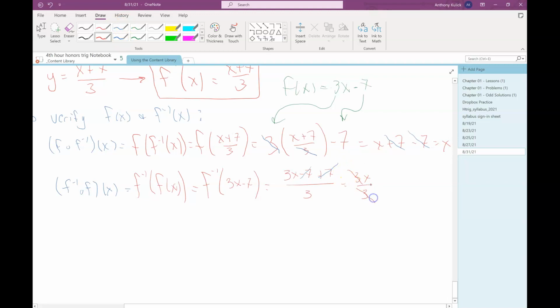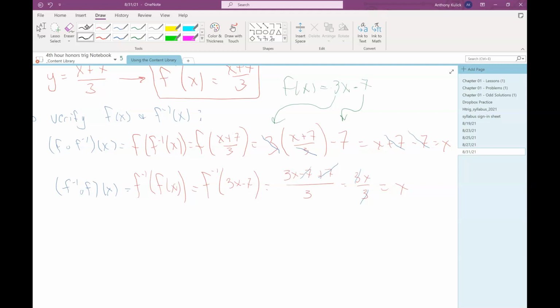And 3 over 3 reduces, and we're left with just x again. So since each of those compositions gives us x, we know that these two functions are inverses. That's my verification process. Is everybody okay with that one?